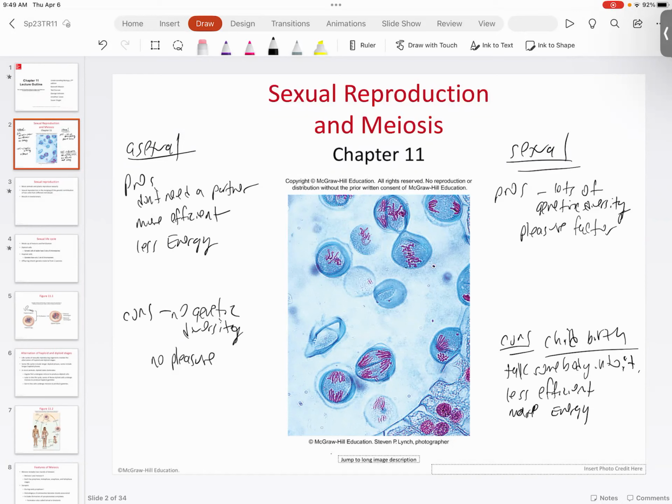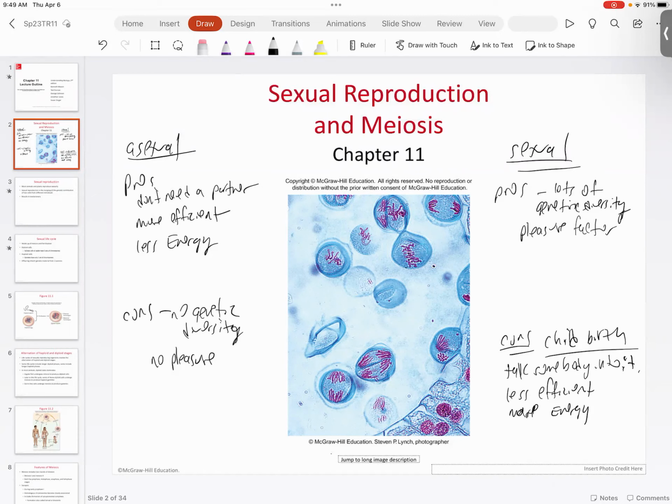So it takes too much energy for sexual and less energy, right? For asexual. And one would argue an entire lifetime after that. So you're on the hook for this one, right?